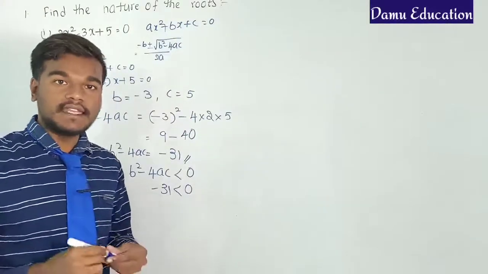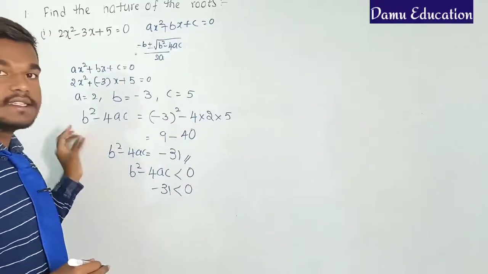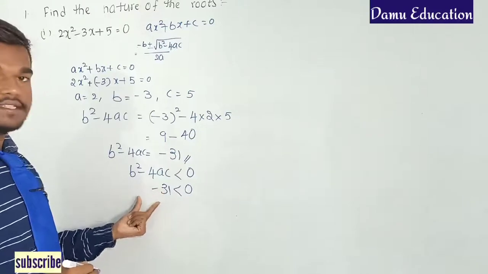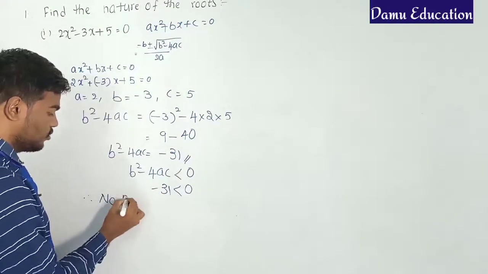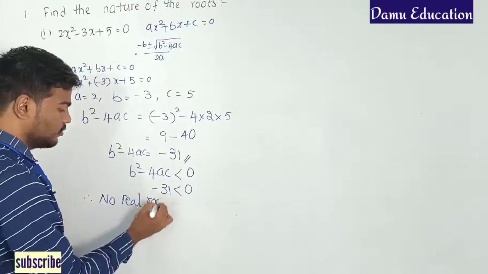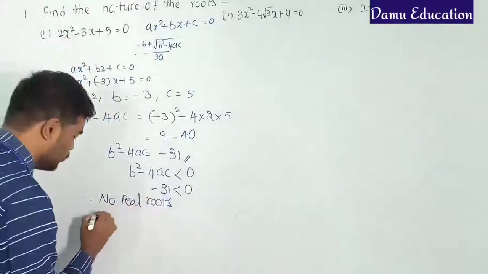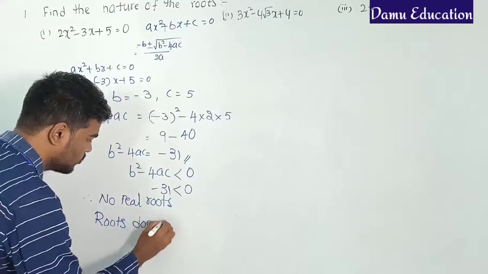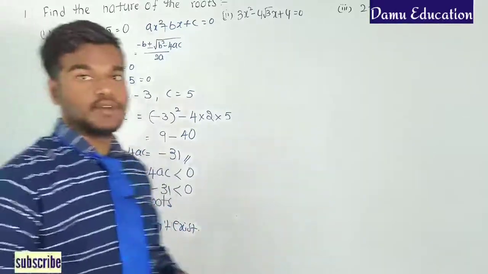For this, are there any roots? b square minus 4ac is the discriminant, and we are getting less than 0. So for this there are no real roots. Real roots do not exist. So this is the case for the first one.